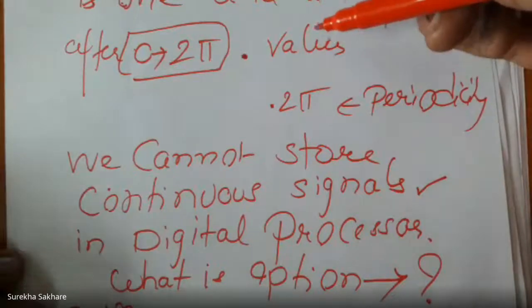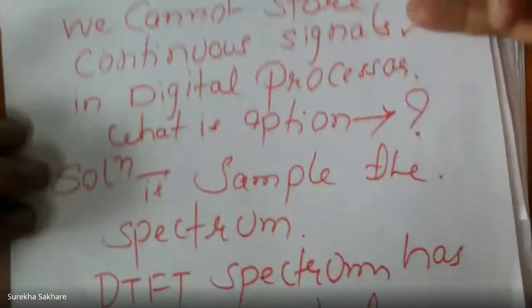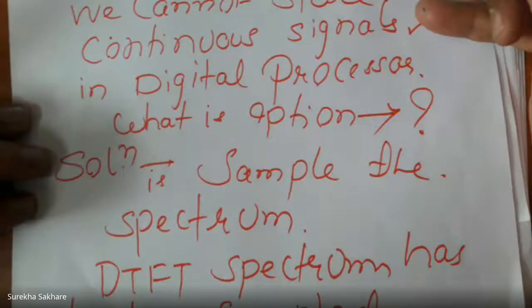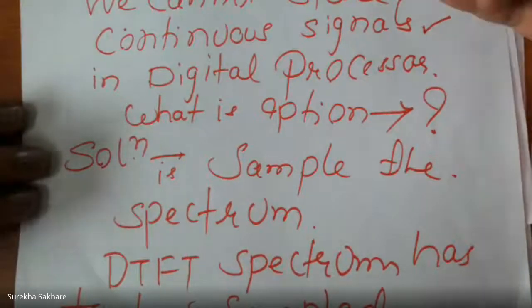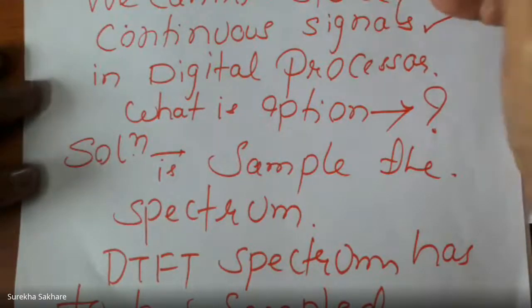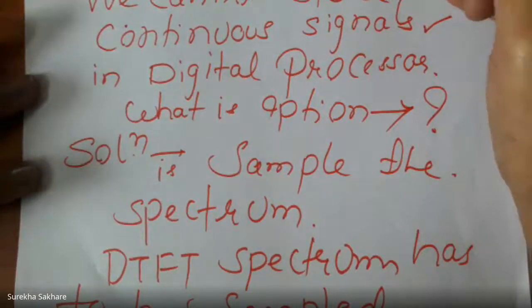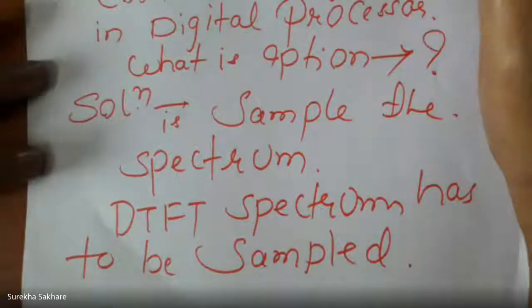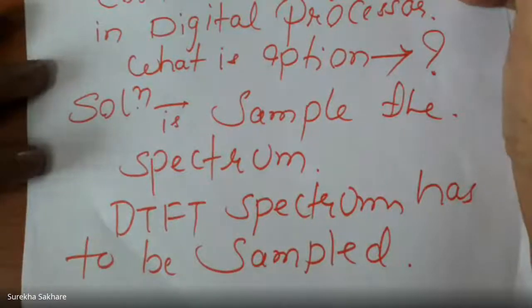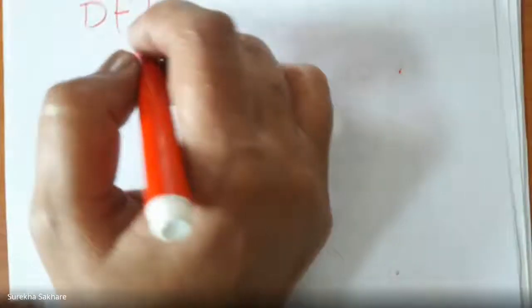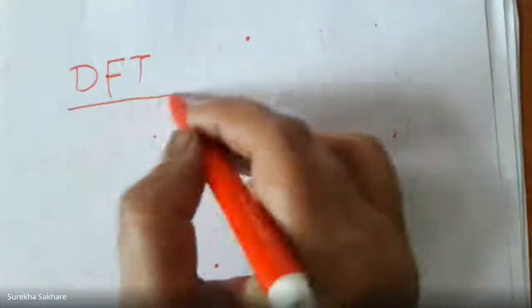Then we came to the conclusion that if you want to work in the Fourier domain with a digital processor, it is not possible to carry on with DTFT. So what you get is a method called DFT. How to obtain this DFT?